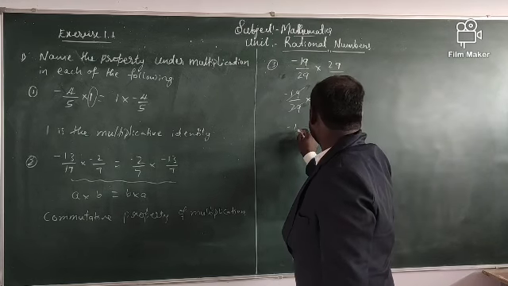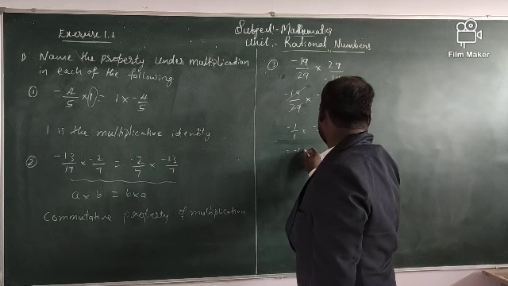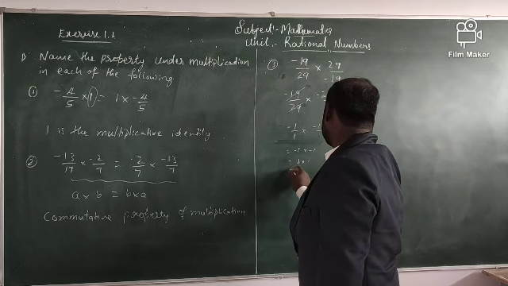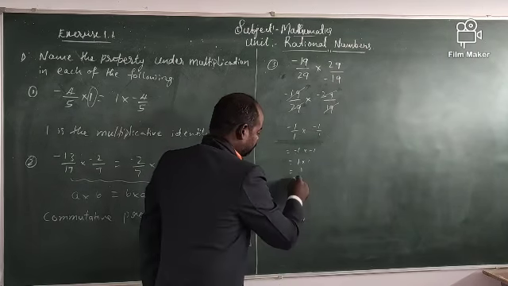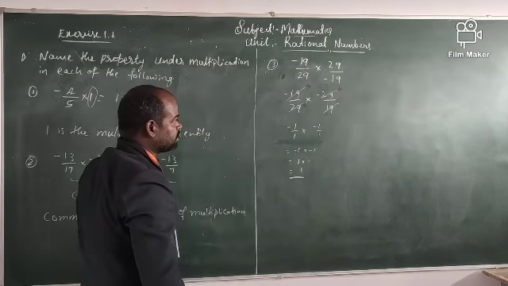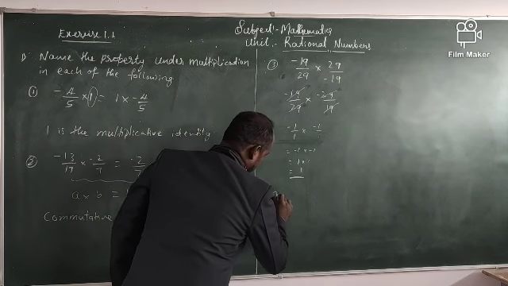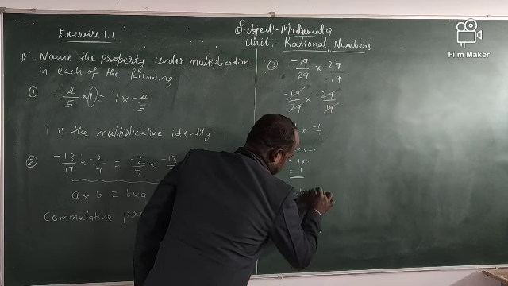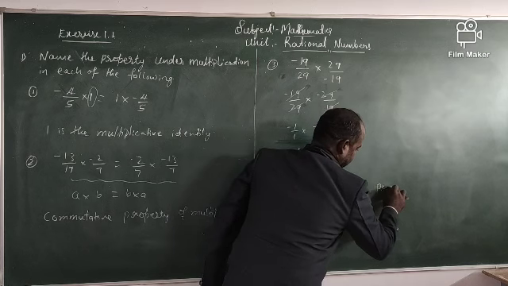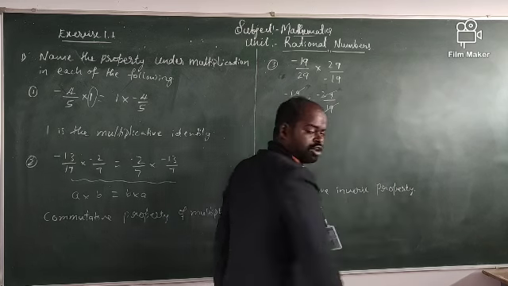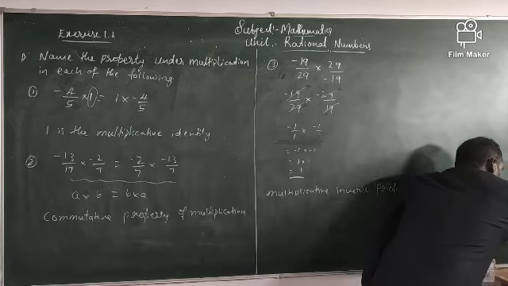Here the remainder is 1 by 1 into minus 1 by 1, which is equal to minus 1 into minus 1. We know that 1 into 1 is equal to 1, and here minus into minus is equal to plus. Therefore, what is the property? Yes, this is the multiplicative inverse property. Do you understand? Yes.